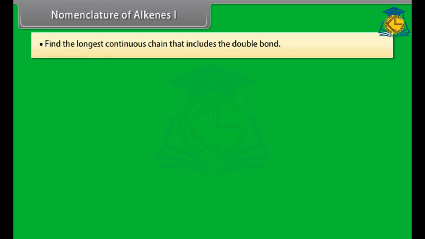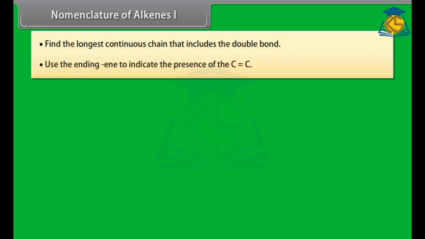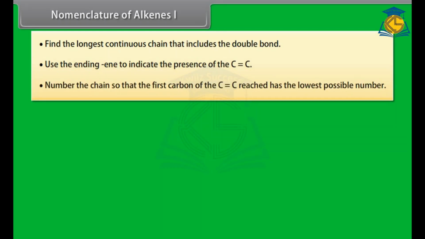Nomenclature of alkenes. Part 1. Step 1. Find the longest continuous chain that includes the double bond. Step 2. Use the ending "ene" to indicate the presence of a carbon-carbon double bond. Step 3. Number the chain so that the first carbon of the carbon-carbon double bond has the lowest possible number. Step 4.